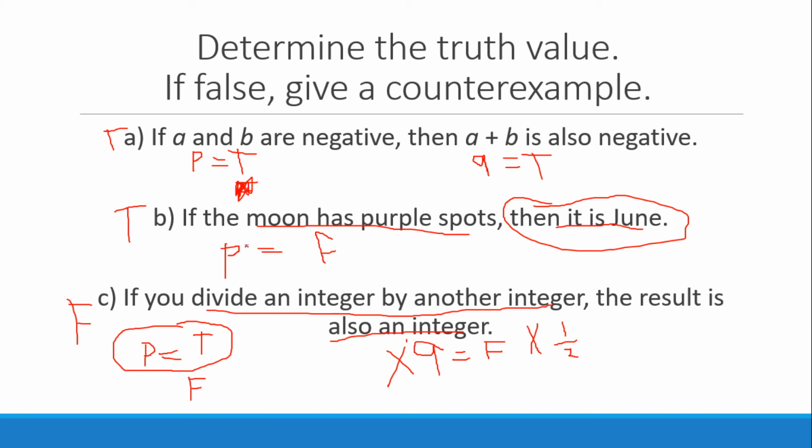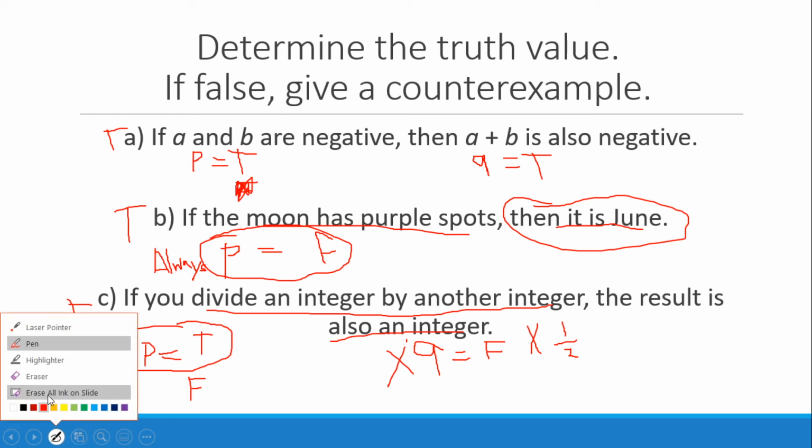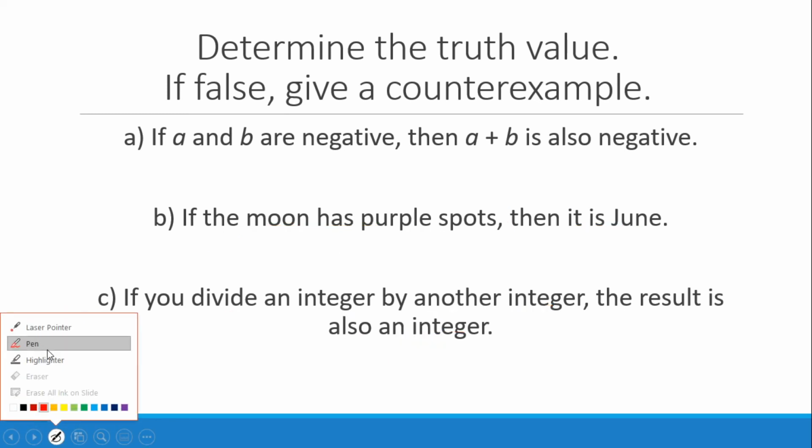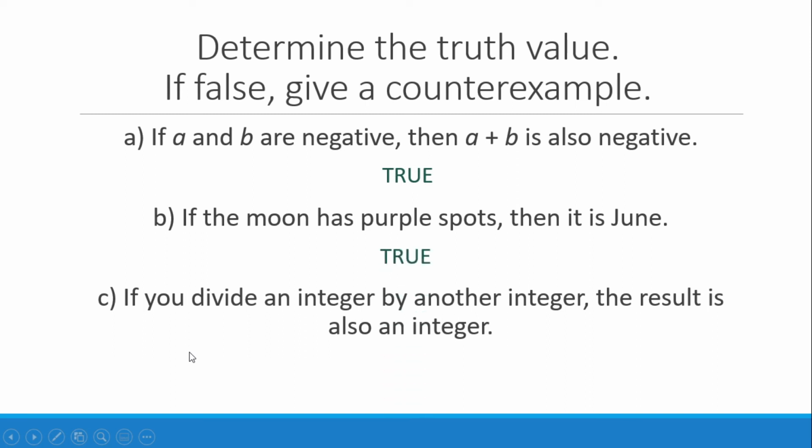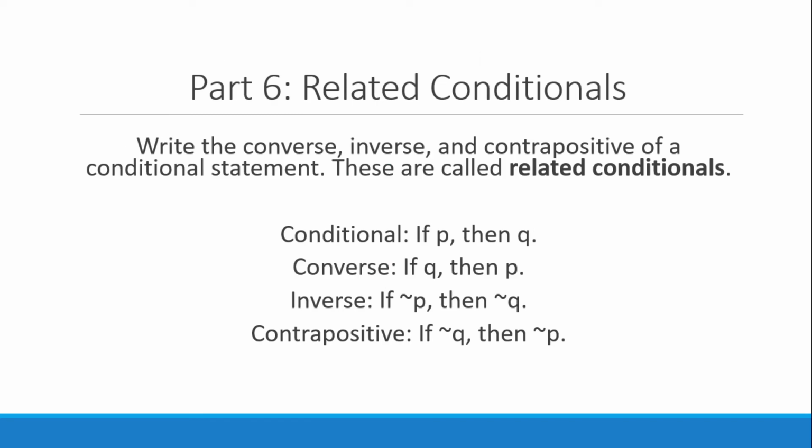So this one is true because the premise is always false, okay? This is always false. But there's a possibility when this happens, okay? True, true, false.